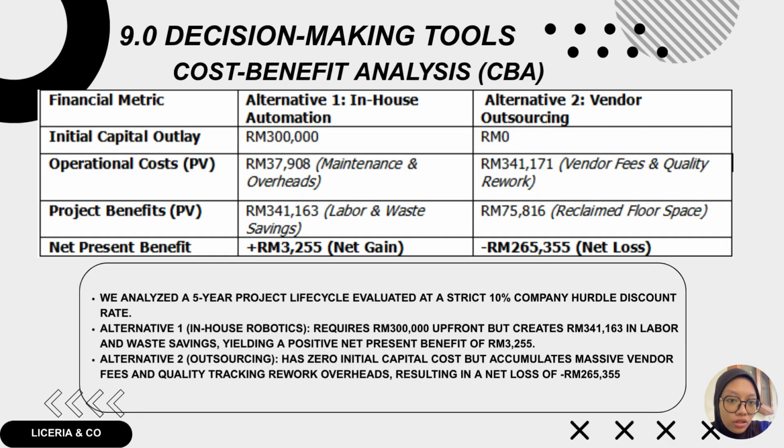So next, I'm going to talk about cost-benefit analysis, CBA. Moving into section 9.0, we evaluate whether to automate our welding process in-house or outsource it to an external vendor using a 5-year present value framework at a 10% discount rate. As shown in the sheet, alternative 1, in-house automation, requires an upfront capital outlay of 300,000 but generates massive operational savings, yielding a positive net present benefit of 3,255.